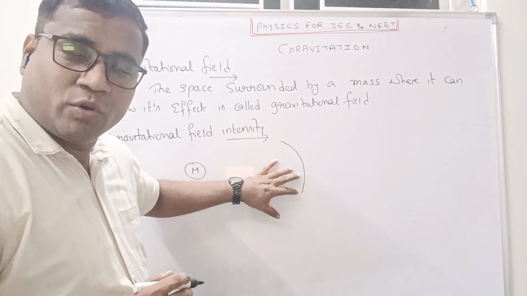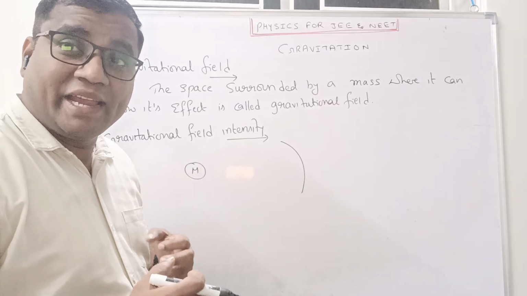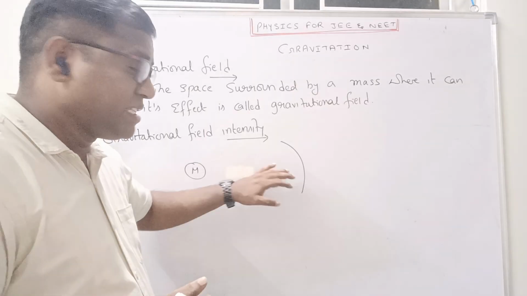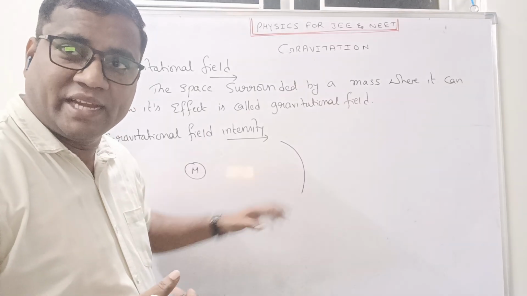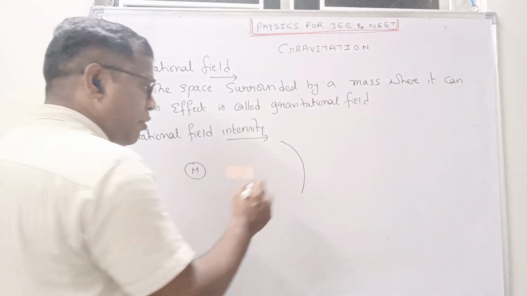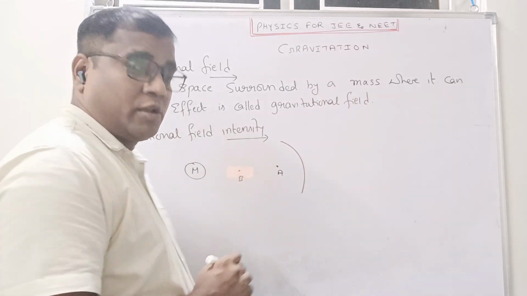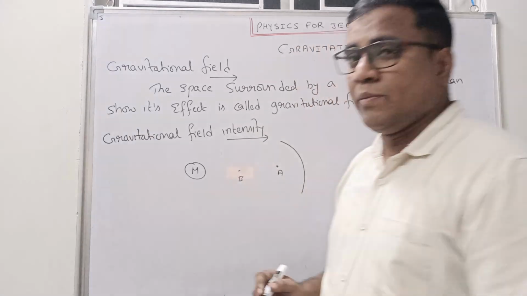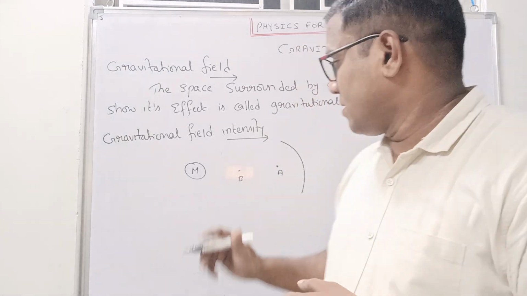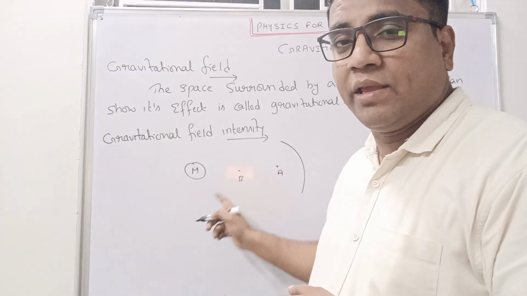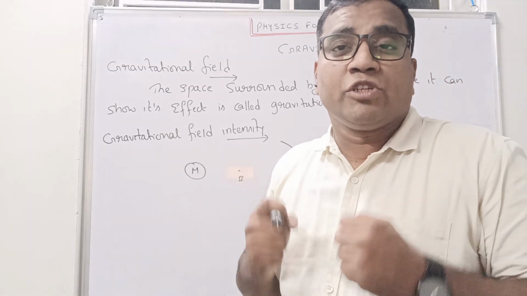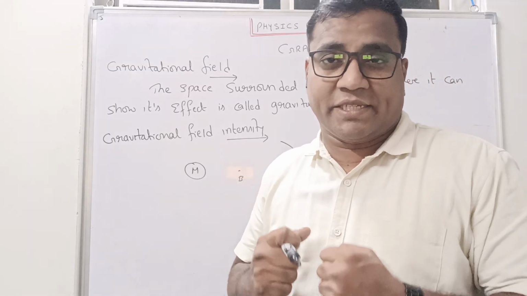So in this region only it can able to show its effects. Right? So here one point is there at point A and point B. Now you tell me at what point A or B, at what point it will show more effects.